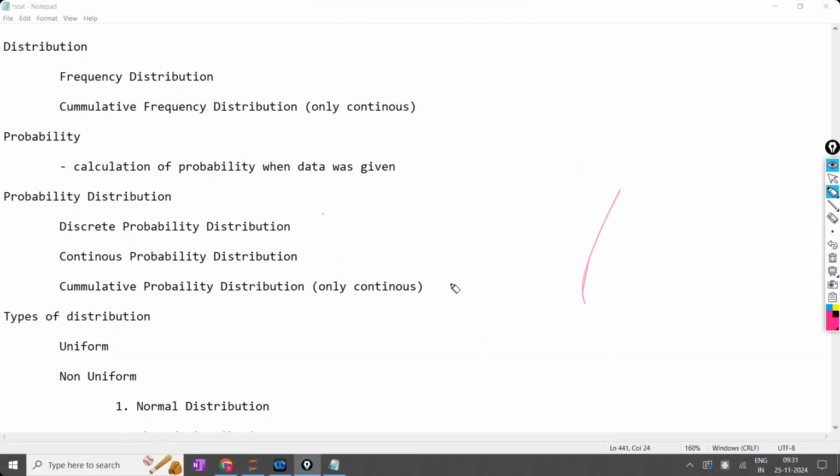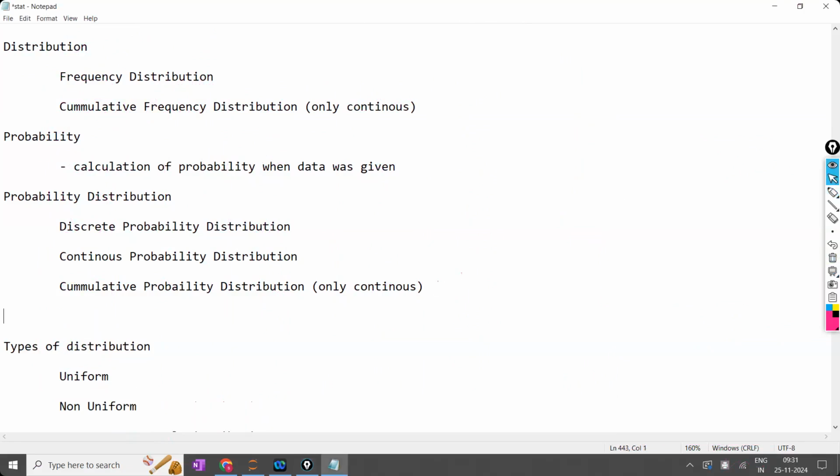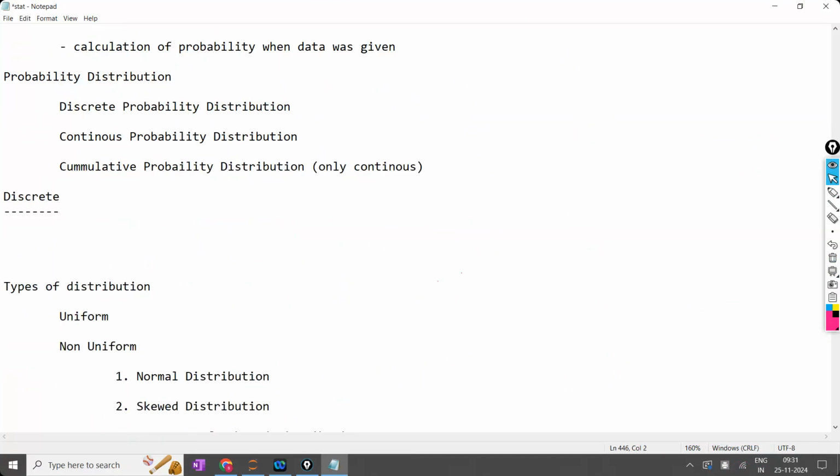For example, for a discrete variable, what is on the x-axis? The categories. That is nothing but the distribution.